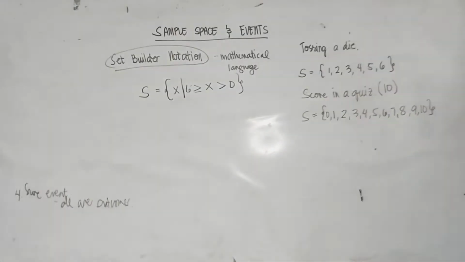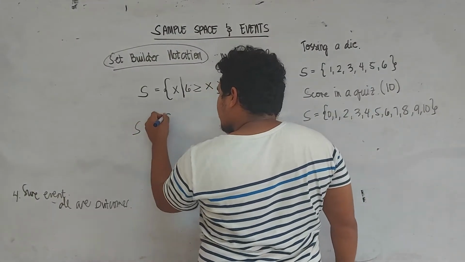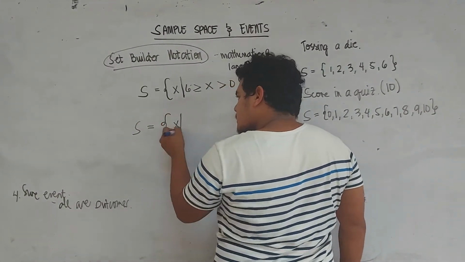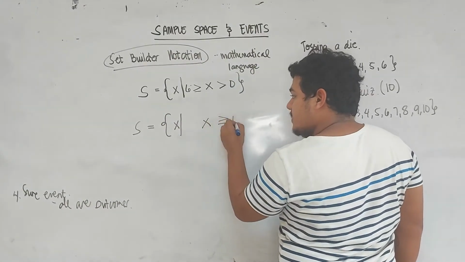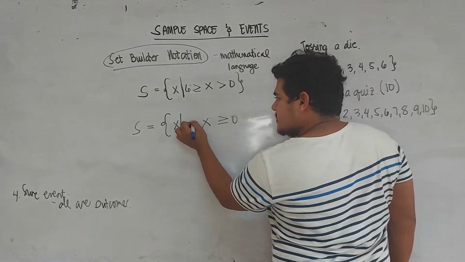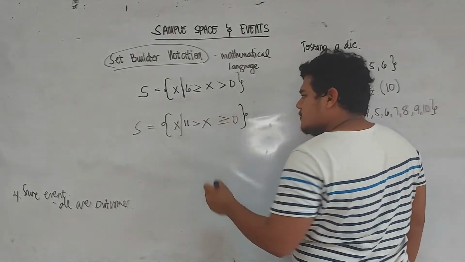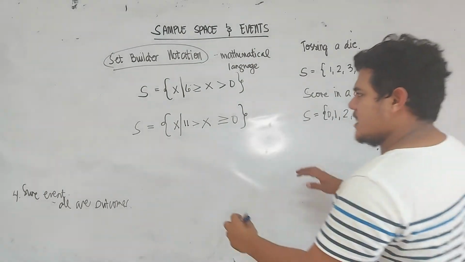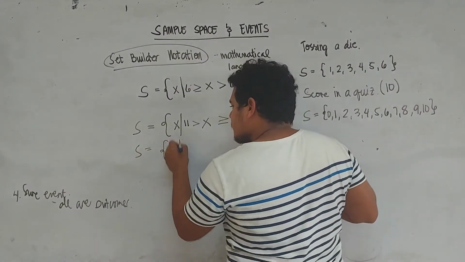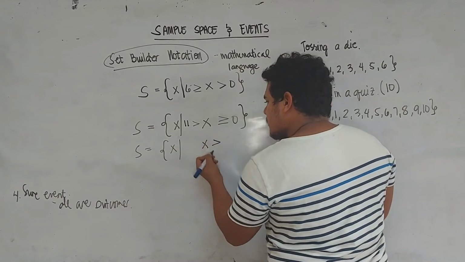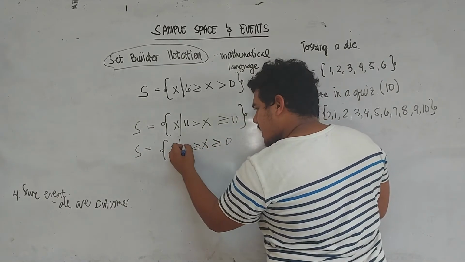So therefore, we could say that our set builder notation is that S is equal to X such that X is greater than or equal to 0, but it's less than 11. Pwede pud kini. S is equal to X such that X is greater than or equal to 0, but it's less than or equal to 10.